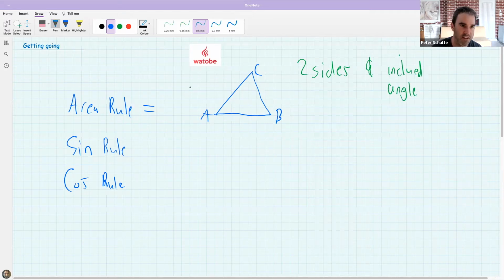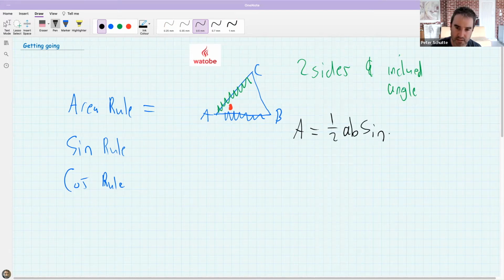I'm just going to illustrate that. Here there would be one side, there could be another side, and then we need the angle in between. Then we can use the area rule. The area rule is often written as a half AB times the sine of C. That's one way of writing it; there are various other ways.